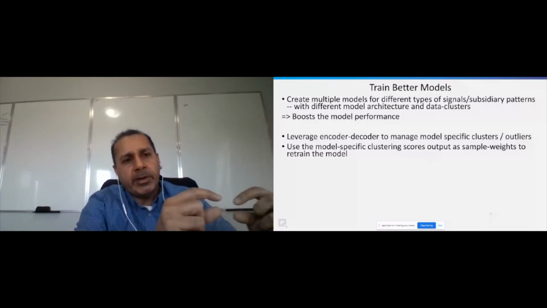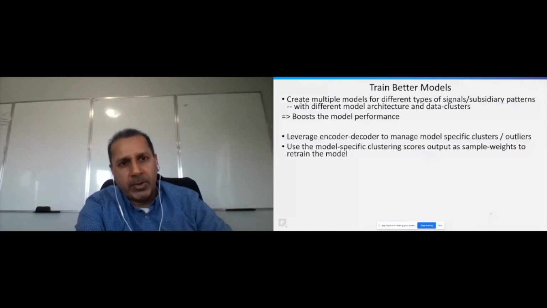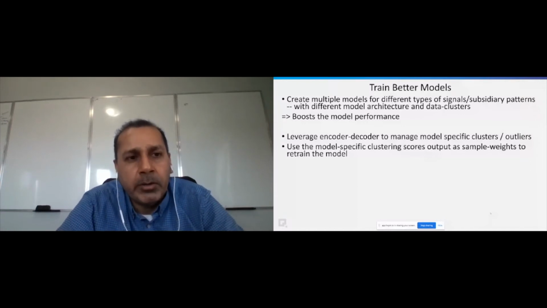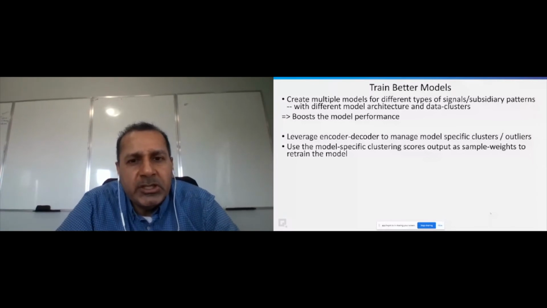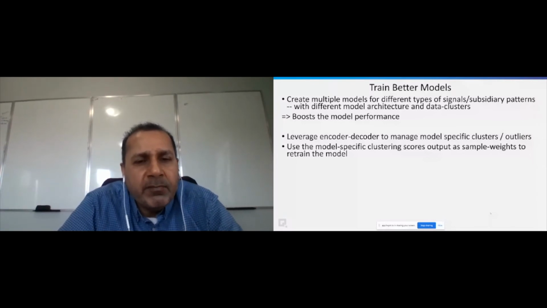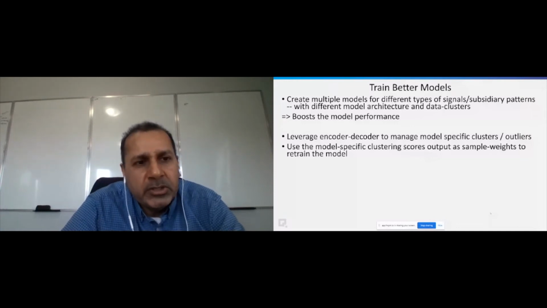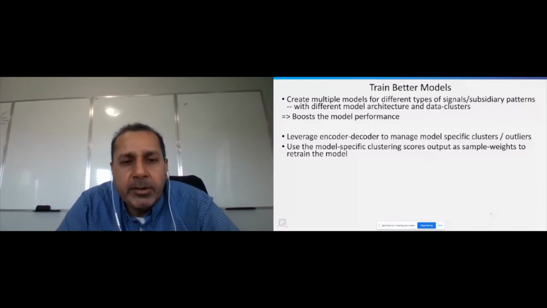Once I figured out the right data, I capture that information as my sample weights, and then I feed that into my next model, or the same model again. So this becomes a two-stage model where we're able to extract a very, very strong model using this subsidiary pattern.